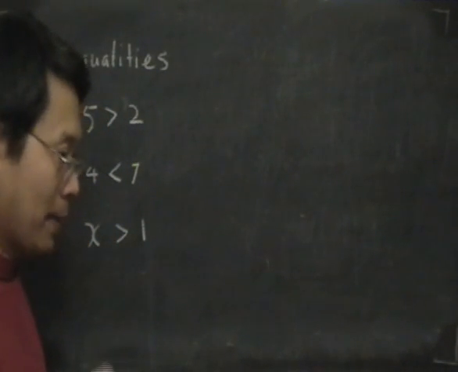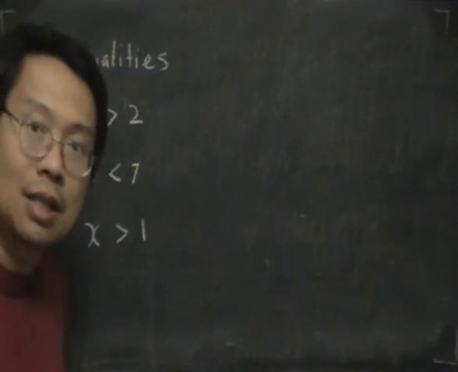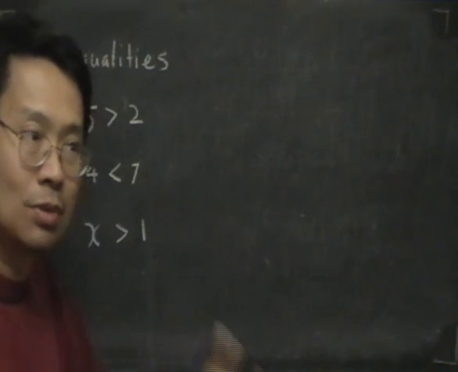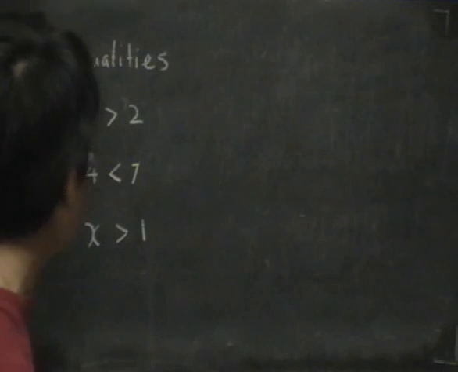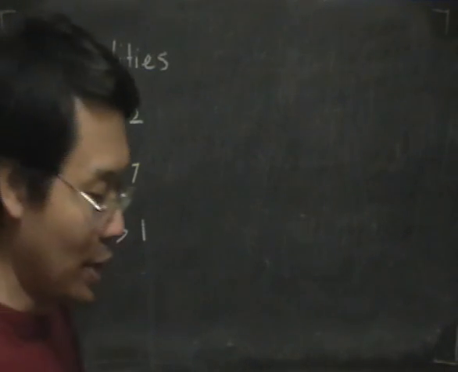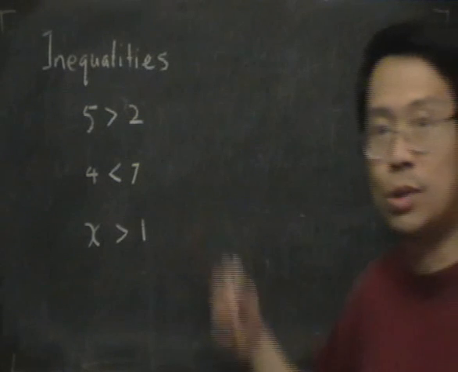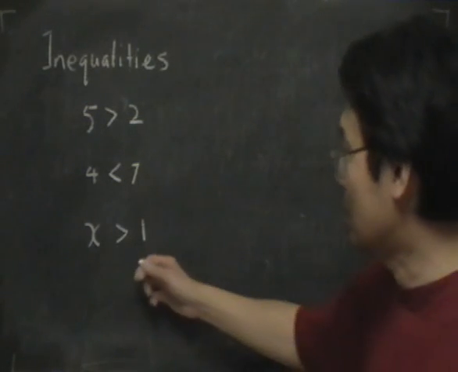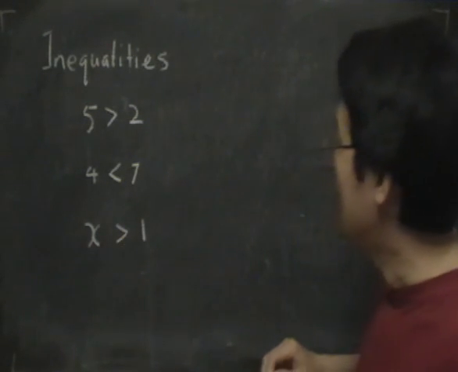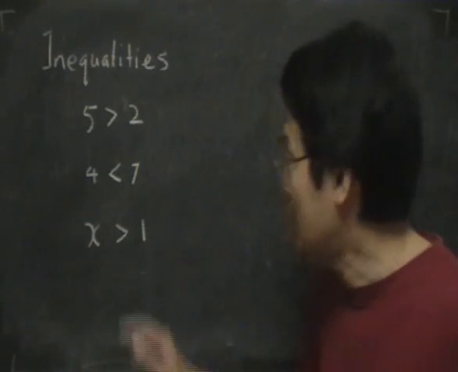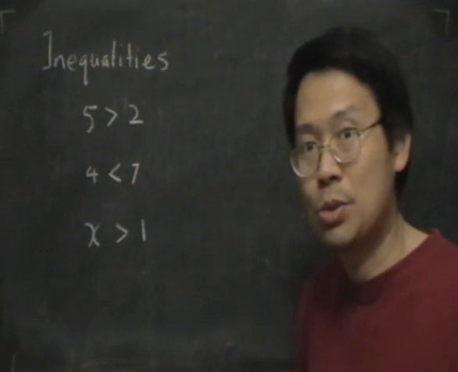Okay, let's make some guesses. Let's try some numbers for x and see whether it can be a solution or some kind of an answer to this. Okay, we wouldn't call this an equation because there's actually no equal sign.